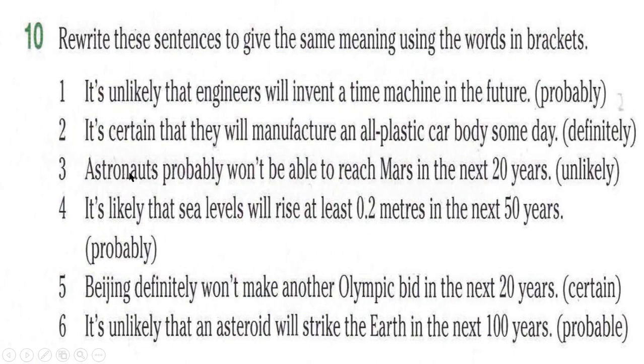Rewrite these sentences to give the same meaning using the words in brackets. Let's read the first sentence. It's unlikely that engineers will invent a time machine in the future. Here I want you to use the word probably. So, all you have to do is to remove the word unlikely and use probably.